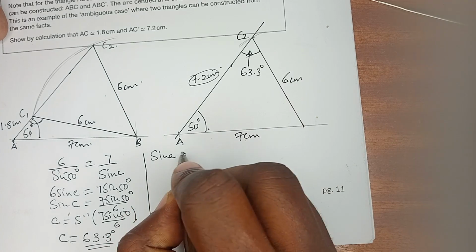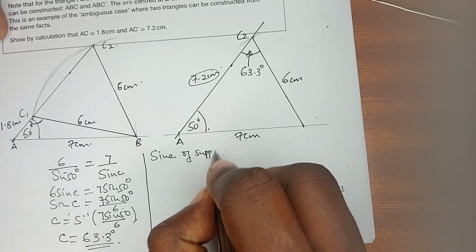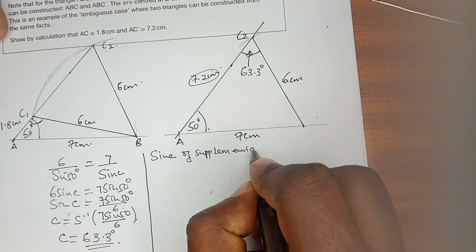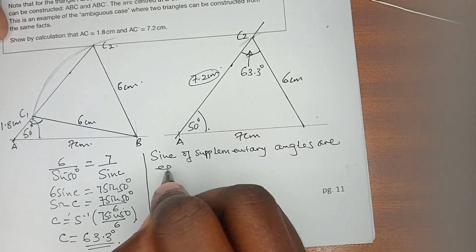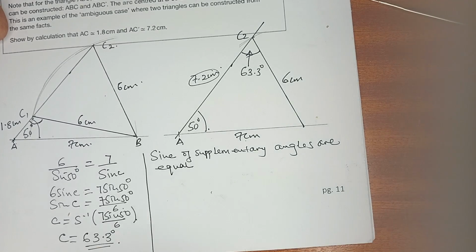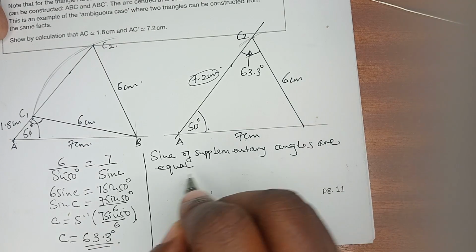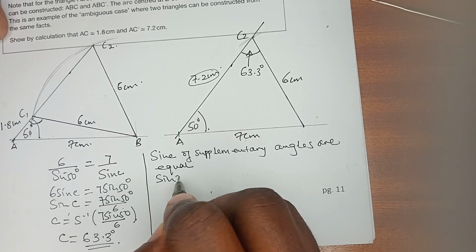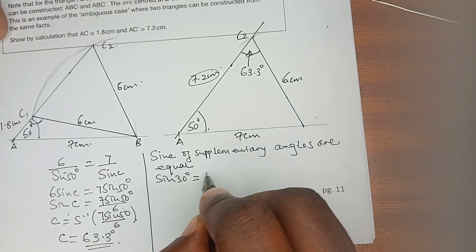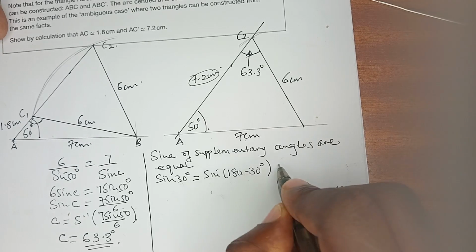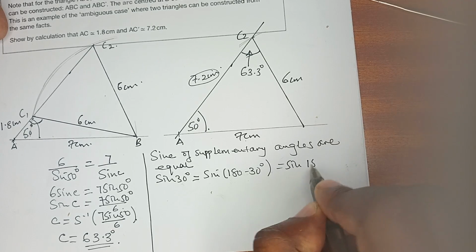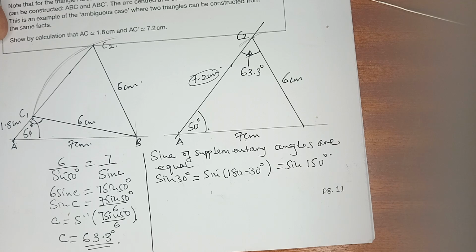The sine of supplementary angles are equal. For example, the sine of 30 degrees is exactly equal to the sine of 180 minus 30 degrees, which is the sine of 150 degrees. Please note, two supplementary angles add up to 180 degrees.